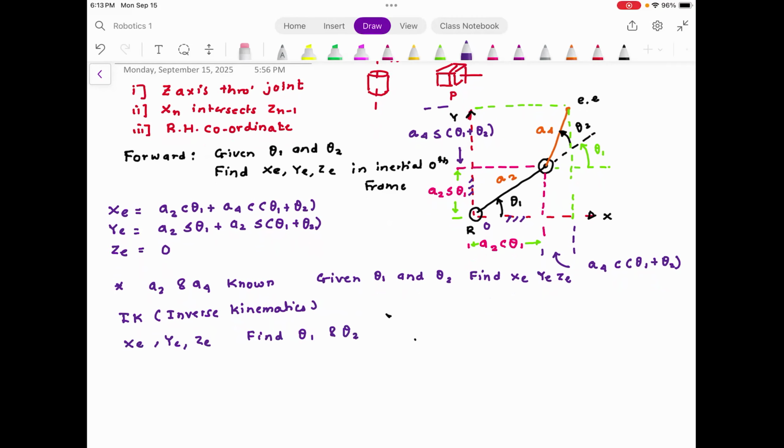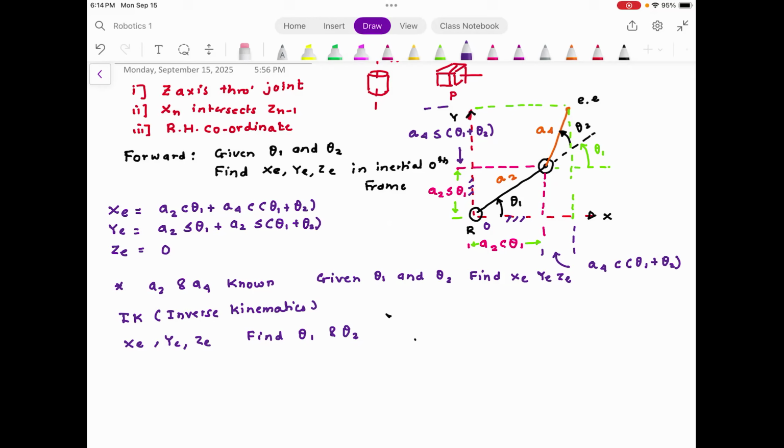So in forward kinematics problem, joint angles and link lengths are known. You have to find out the end effector position. In inverse kinematics problem, the end effector position is given and you have to find out joint parameters. It could be the displacement or it could be the angle or the rotation.